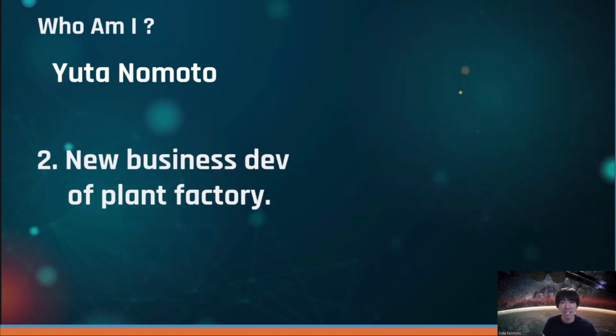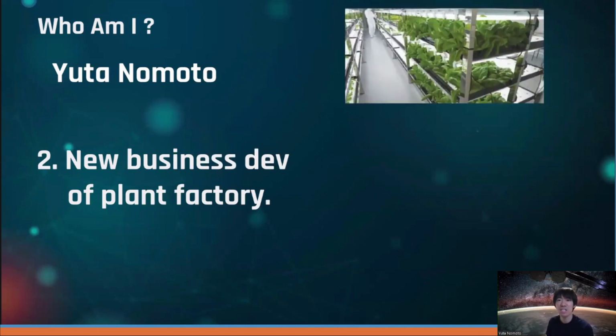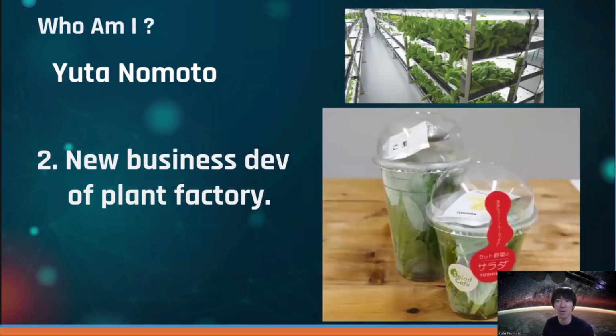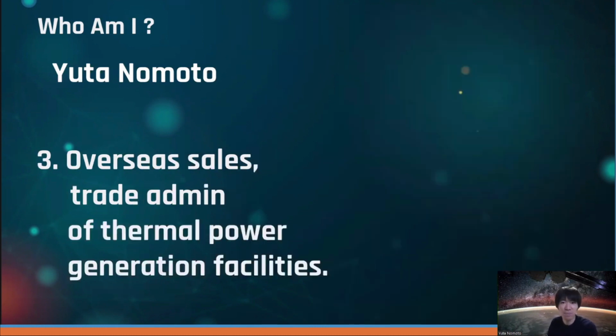And next was new business development of a plant factory, which our company had started as a truly new business. It's vegetables growing in a clean room with just fluorescent light and pure water. We don't have to wash the vegetables even once before we eat, so we could feel the real taste of vegetables, which we cannot taste anywhere else.